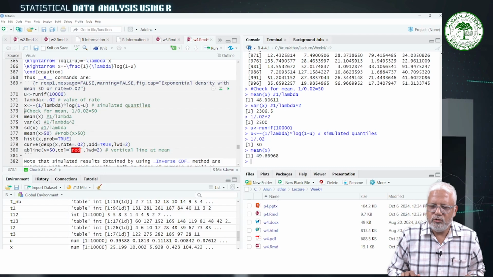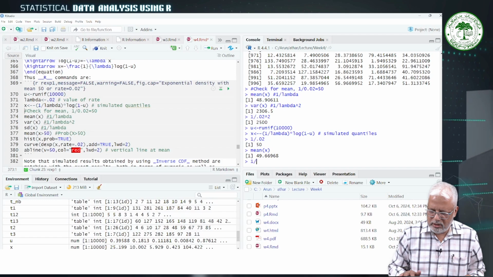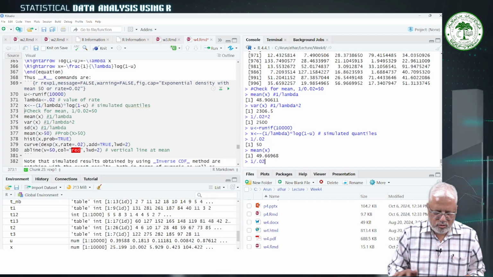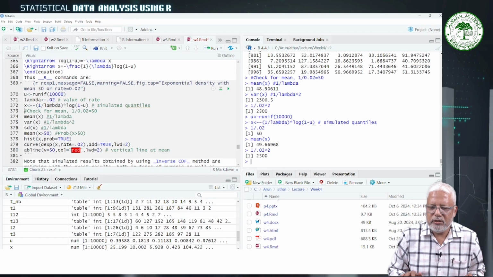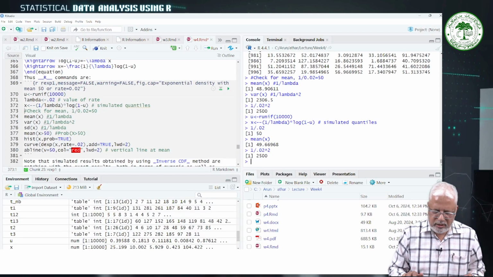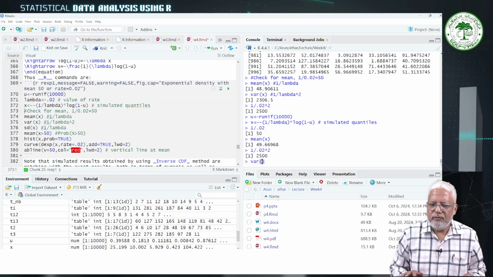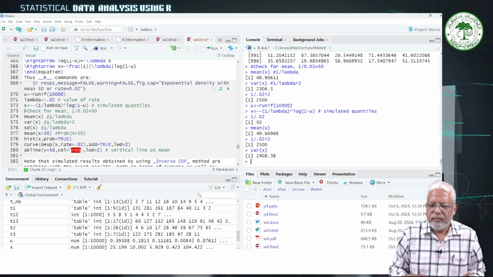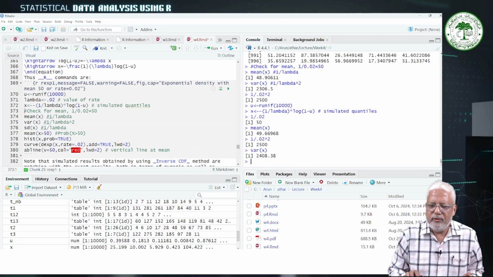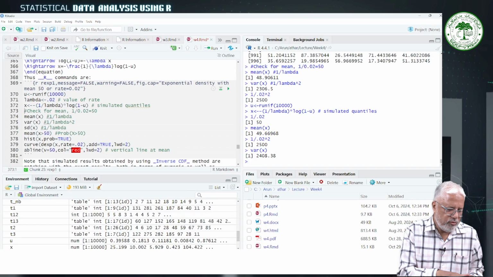So it is equivalent to 50. And what should be the variance? Exact variance is 1 by 0.02 raised power 2, so exact variance is 2500. And see what is the variance of x. It is very close to 2500: 2408.36. So this way we can check our simulation.